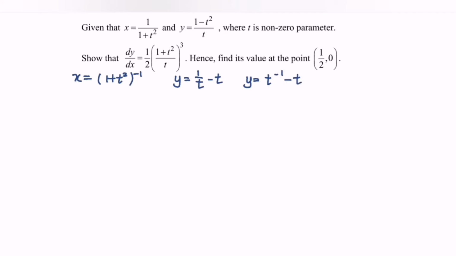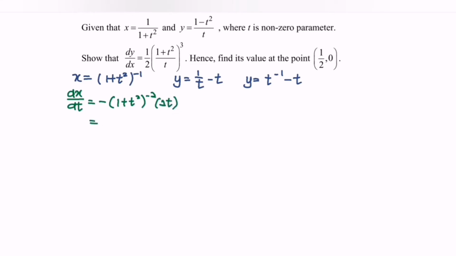Next, we are going to differentiate. dx/dt equals negative (1 plus t squared) to the power of negative 2 times 2t.